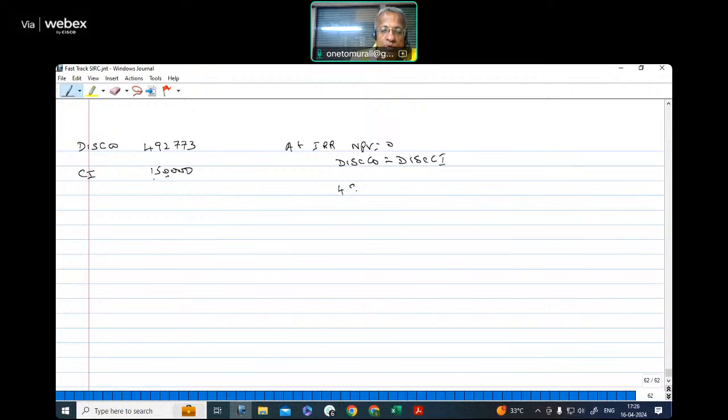This is 492,773. Discounted cash inflow is 150,000 into annuity factor that we do not know. So annuity factor is equal to 492,773 divided by 150,000.